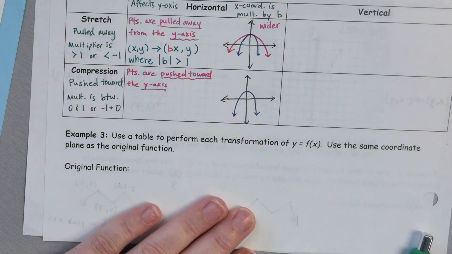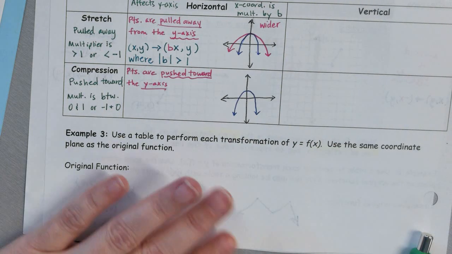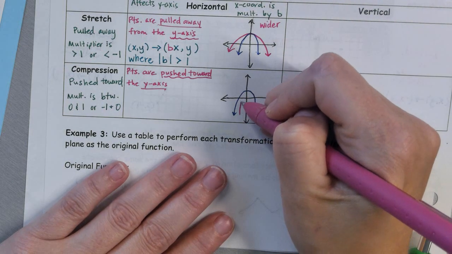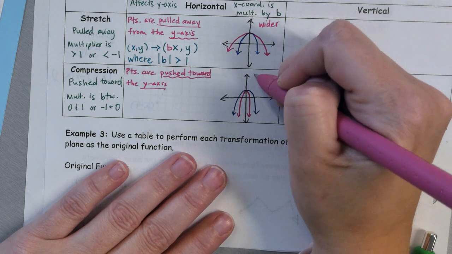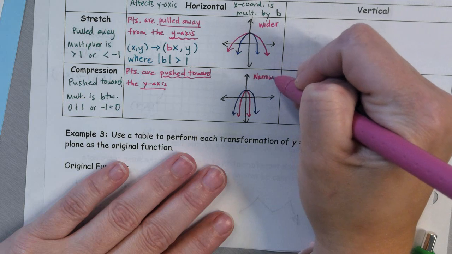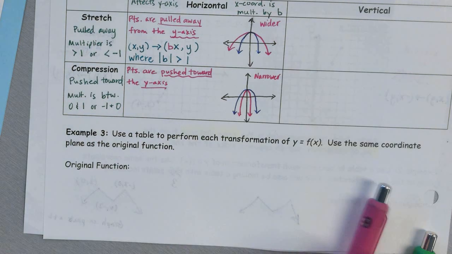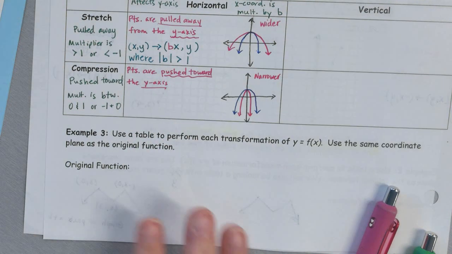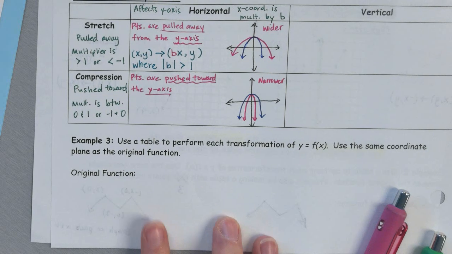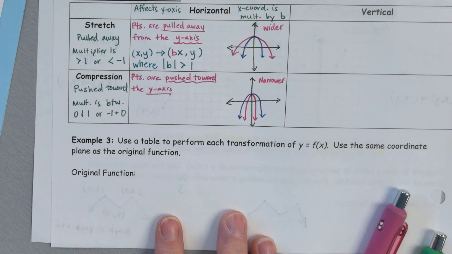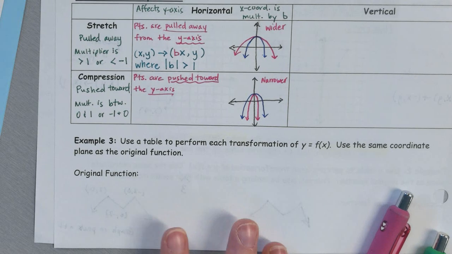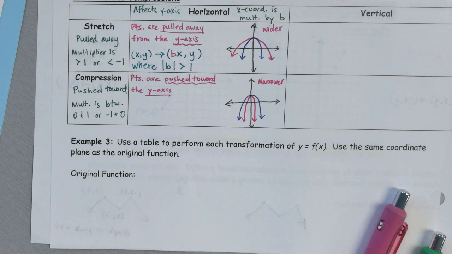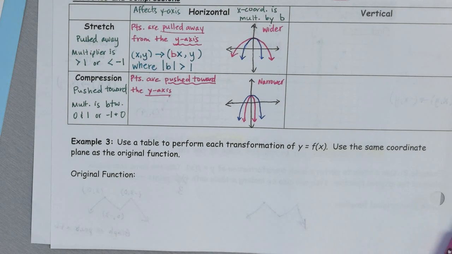So instead of getting wider, it's going to get narrower. So understanding what each of these does is going to be really helpful when you start to graph. Because you plot your points and you're like, wait, this is supposed to get wider, but that's not what my points did. So you'll be able to assess whether you're doing the problem correctly.